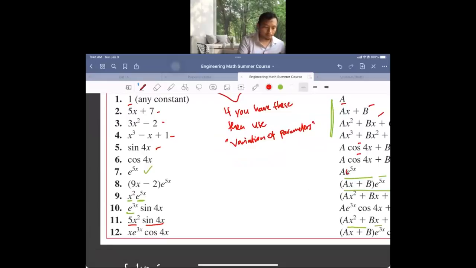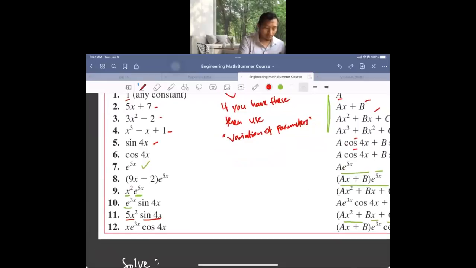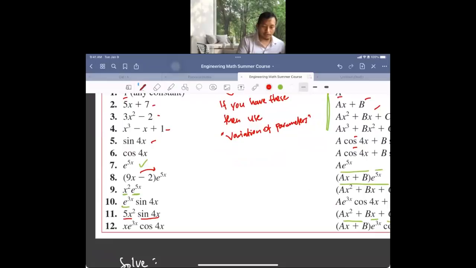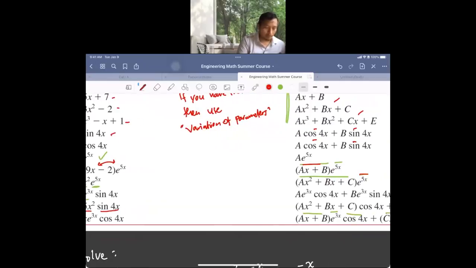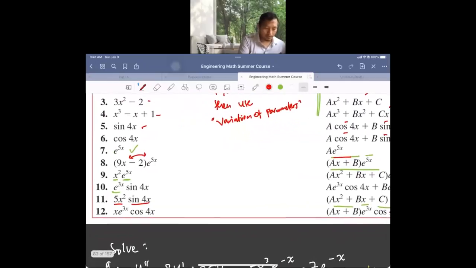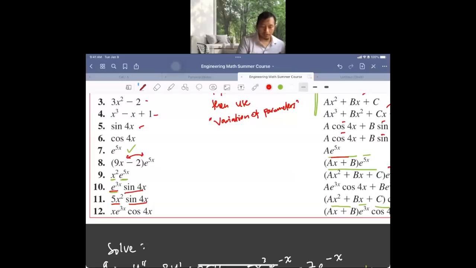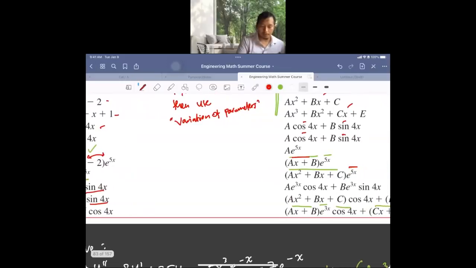They have their periods. If you have e with a power, you have an exponent with some constant. If you have the multiplication of these two, then we have ax plus b and then the exponent. And with polynomials and the exponent, we multiply them altogether.